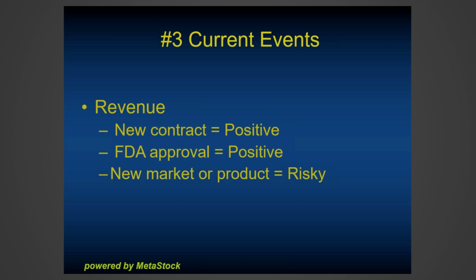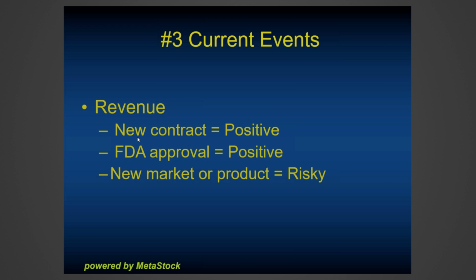FDA approval in biotech, that's 99% a good thing. Launching a new product that sounds really cool, generally not a good thing. Generally risky, and the market will react as such, because new products tend to be big investments, big risks, and the market tends to really not reward those announcements.